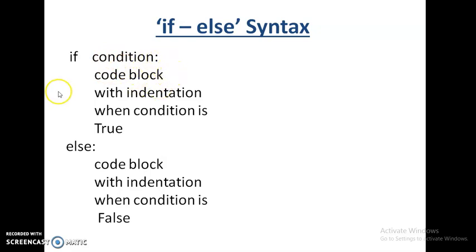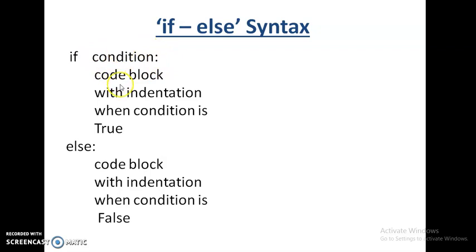Below this condition, we will write a code block with indentation, and this code block is executed when the given condition is true. That means if this condition is true.